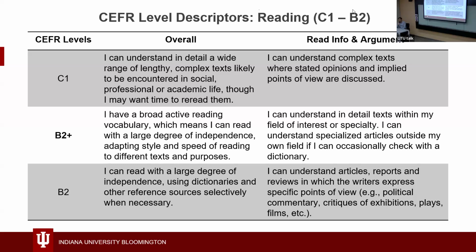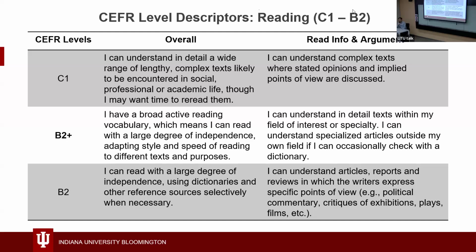Okay, now move on to B2 plus. Make sure that this is still B2, not C1. You are B2 plus if you have a broad active reading vocabulary: "I can read with a large degree of independence, adapting style and speed of reading to different texts and purposes."